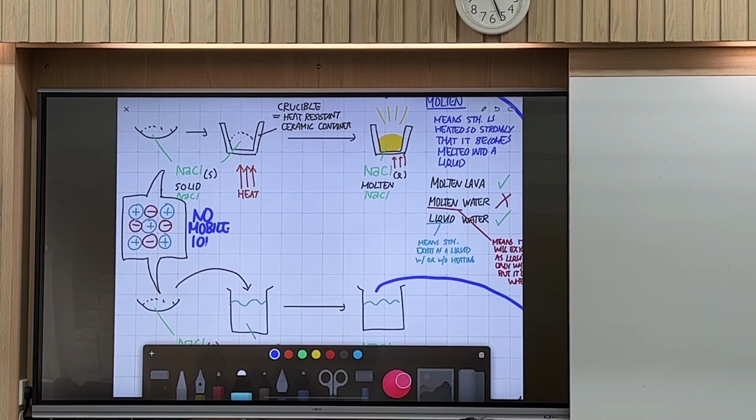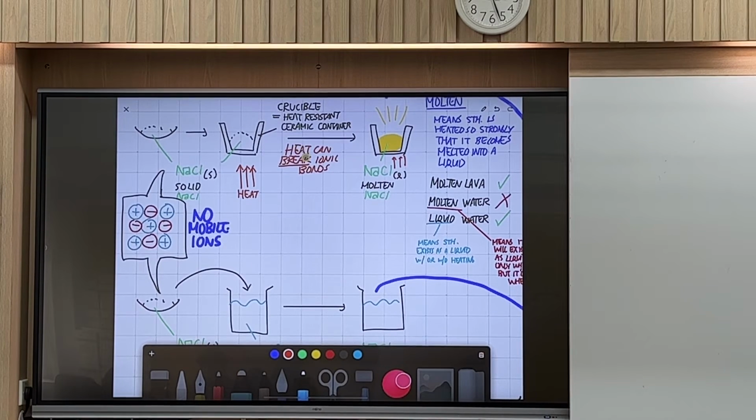They cannot move. But then when you heat it, or when you add water to it, adding heat or adding water can break the ionic bond. So heat can break ionic bonds. Think of these ions as like prisoners who are chained up together. They cannot move.